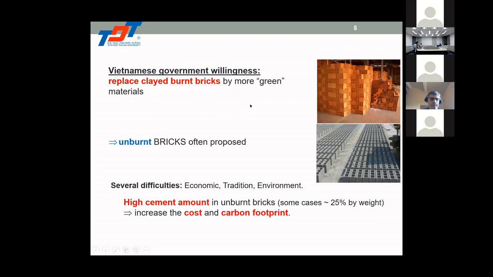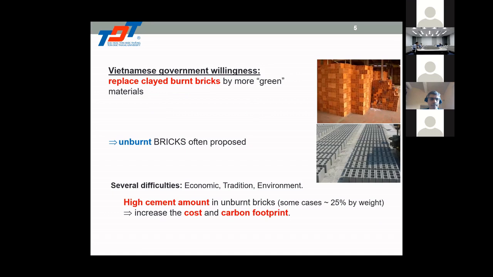On the other hand, in Vietnam, the Vietnamese government is willing to try to reduce and replace clay burnt brick by more green material, and in general, the unburnt brick are often proposed, but the unburnt brick have several difficulties due to the economical, the traditional, the environmental problem.